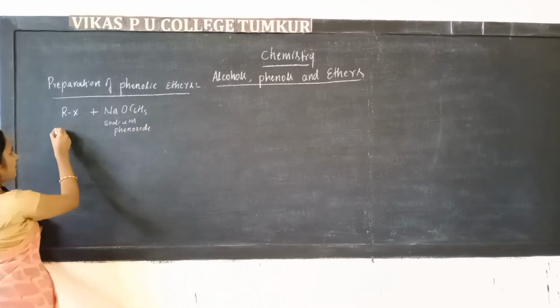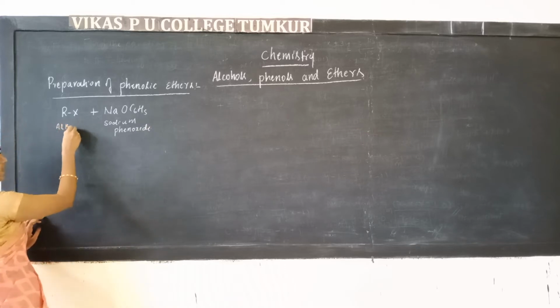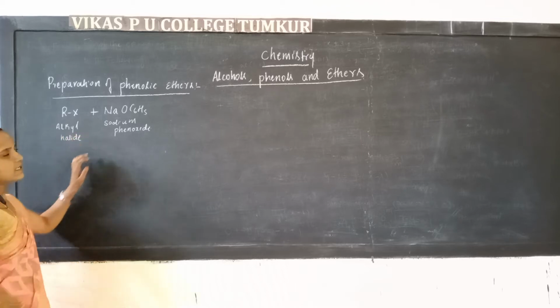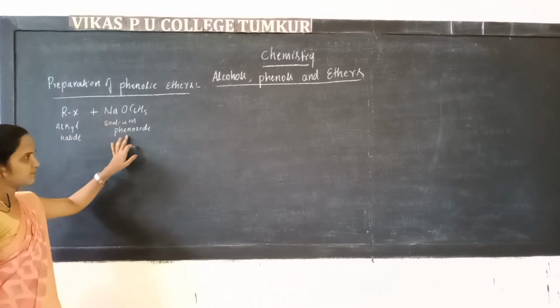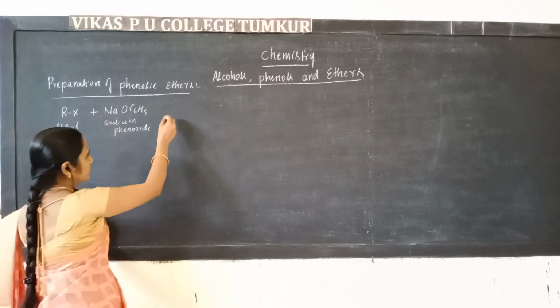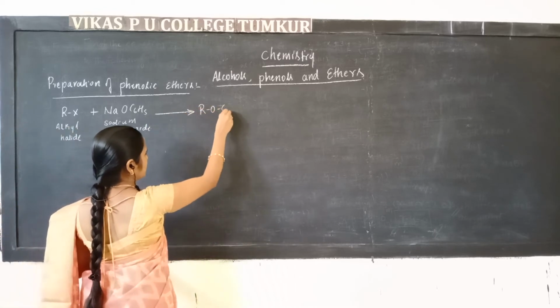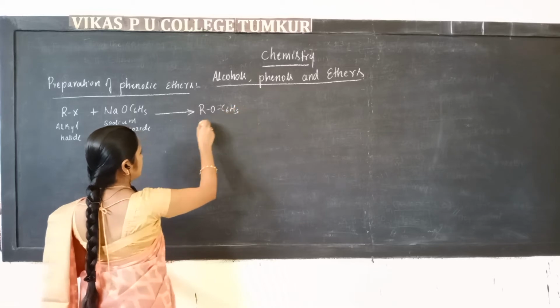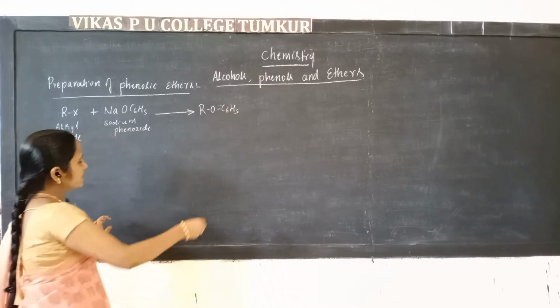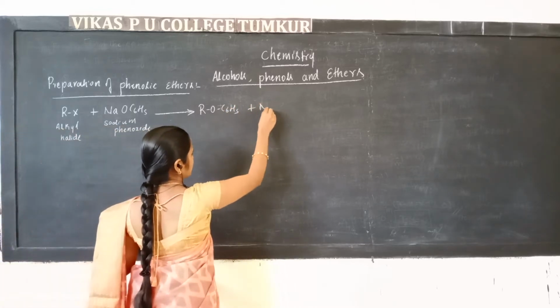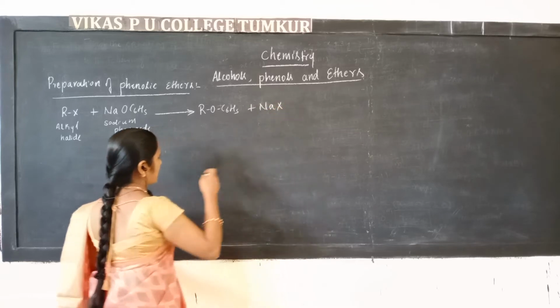When alkyl halide is treated with sodium phenoxide, we get the phenolic ether, then NaX, that is sodium halide.